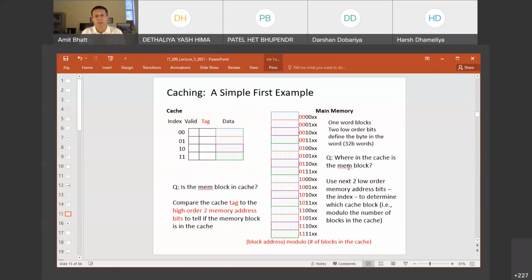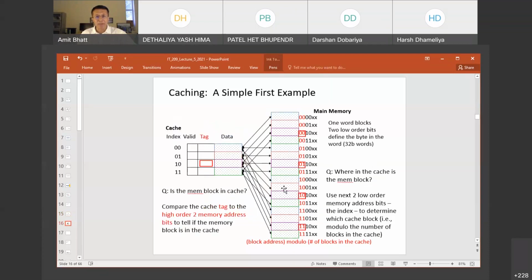Take your laptop as an example: you may have 8 GB of RAM, and your cache, you may not have checked, but it might be 8 KB or 16 KB or 64 KB. So there's a huge differential. How do you map the address from one to the other? I've shown a toy example here, and I will develop it for you.